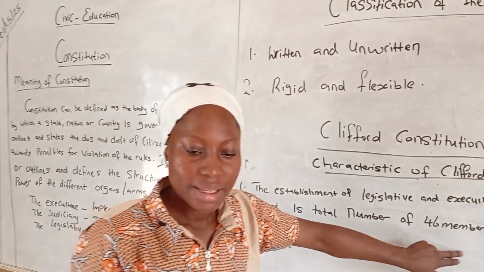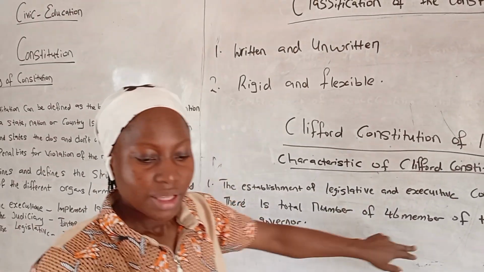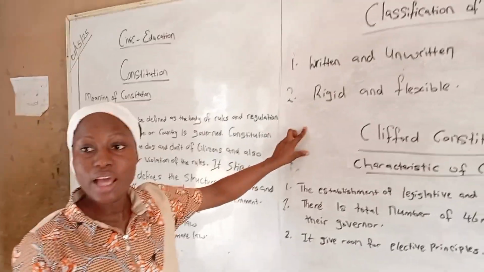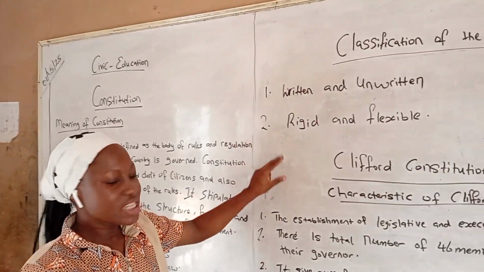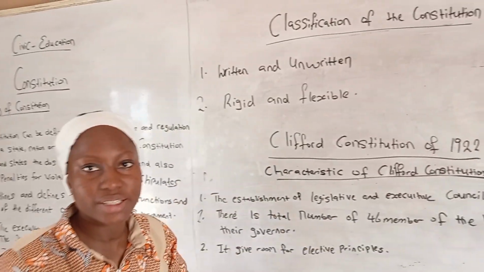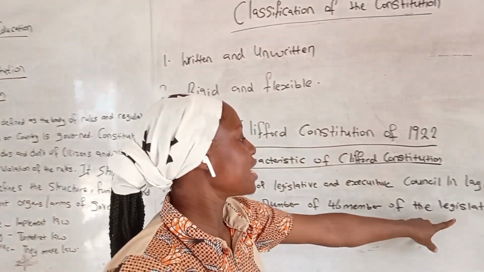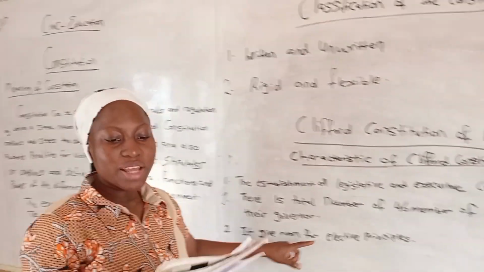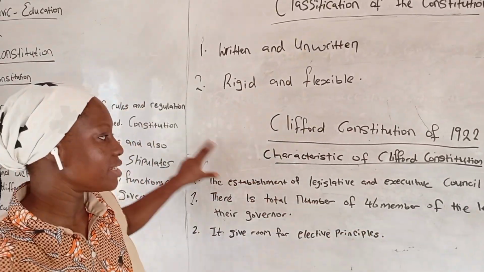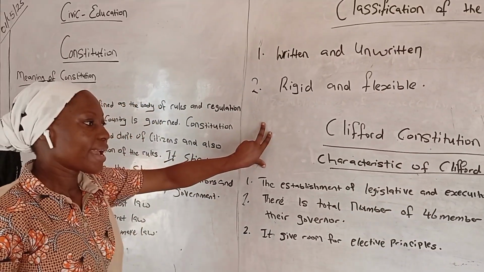And lastly, it provides wide scope for Africans to participate in politics. The demerit of this Clifford Constitution is that Africans were excluded from the executive and legislative council, and the whites were the ones that dominated the legislative council.